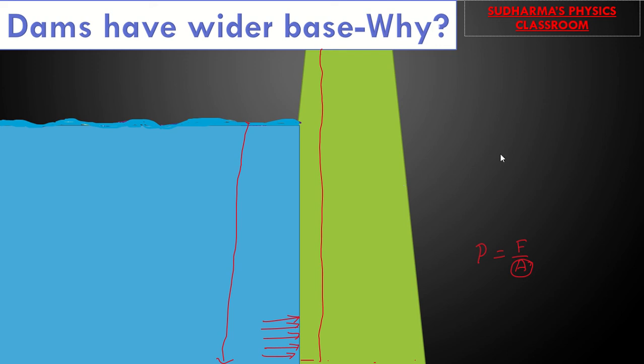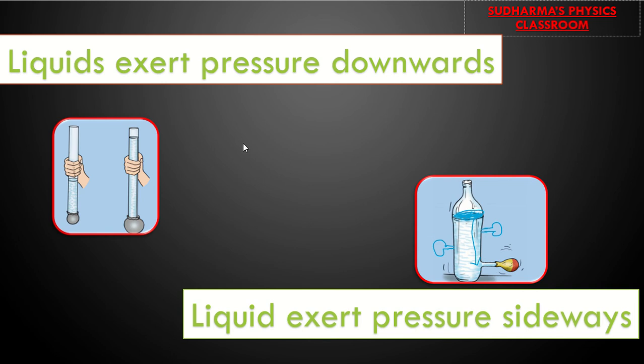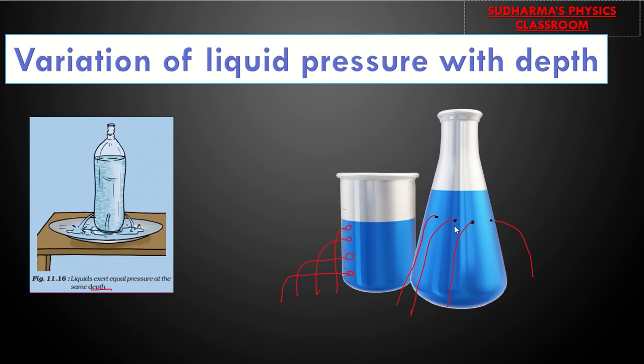Okay, so coming to a conclusion of this, we have learned that the liquid exerts pressure in the downward direction. Liquid exerts pressure sideways, and at a particular height, the pressure exerted by the liquid will be equal in all directions, and water or liquids will exert pressure in all the directions of the container.